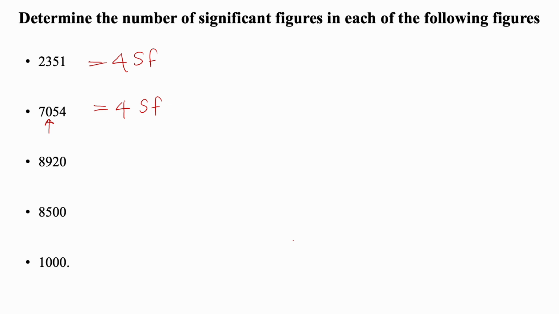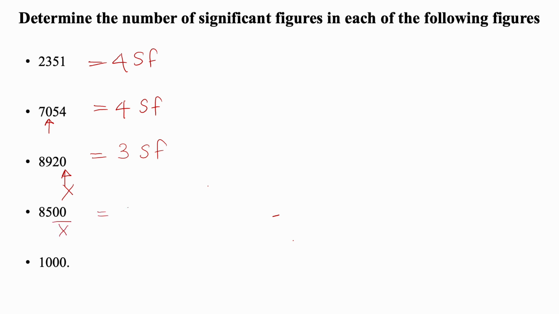8920, the last 0 here, which is a trailing 0, since there is no decimal place, we do not count this as significant. Therefore 8, 9 and 2, they are the only significant figures. So you have 3 significant figures. 8500's last 2 zeros are trailing zeros and they are not significant.